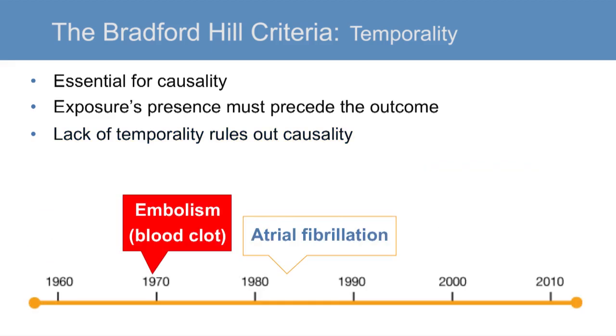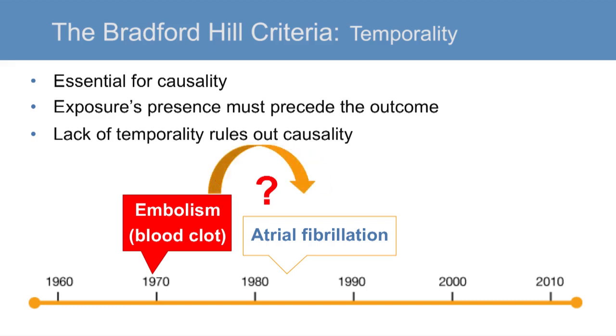One example is the relationship between atrial fibrillation and pulmonary embolism. It is widely thought that pulmonary embolism caused atrial fibrillation. However, more recent evidence and plausible biological hypotheses suggest that the reverse could be true.